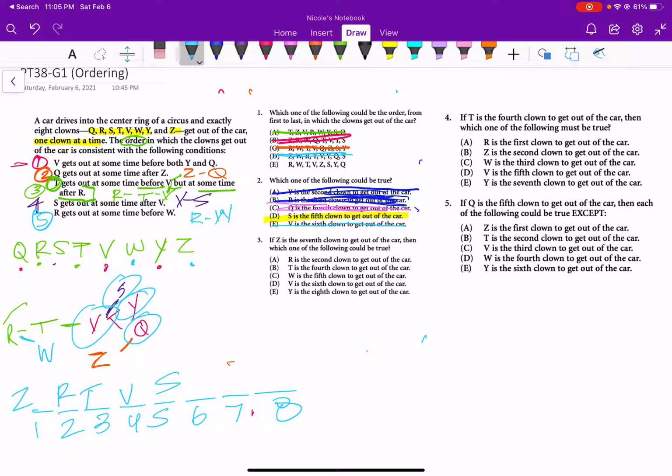We know that Z has to be before Q. We know that R has to be before W, and then you could put Y, and this is one possible scenario of how S could be fifth. Not the only one for sure, but we could try it out and even see that it works to guarantee that our answer is right.